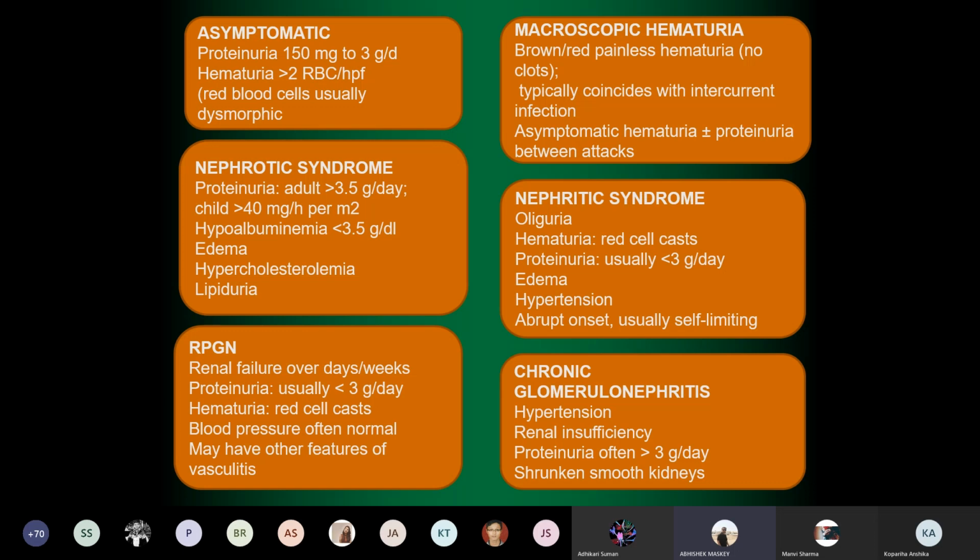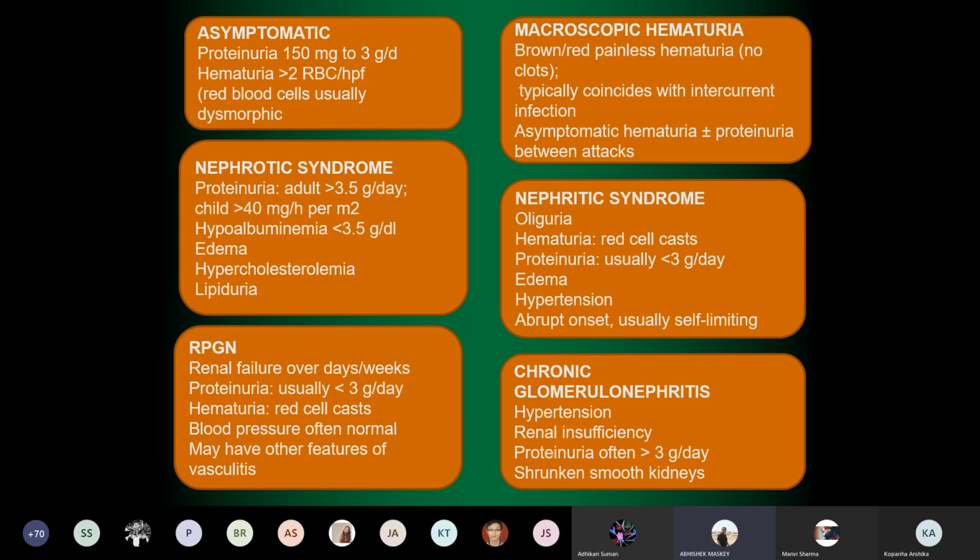Oh, this is nephrotic syndrome. Then I start investigation along the line of nephrotic syndrome. Likewise, if the patient has a very short history, some bit of swelling, some bit of proteinuria, then I put them in nephritic syndrome. Doing so, it is easier for us to investigate.